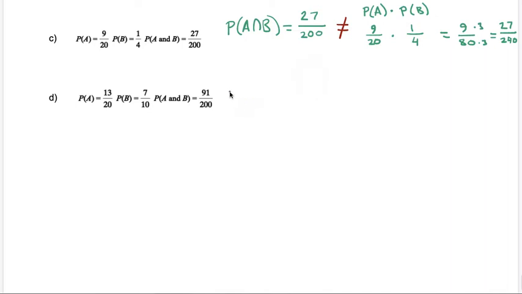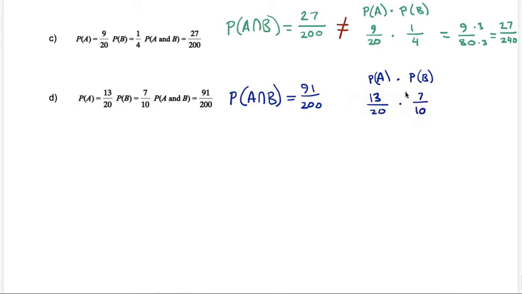Otherwise, they're not. Okay. So in a second example, the probability of A and B is 91/200ths, and we've got the probability of A and the probability of B here. So we're looking at 13/20ths times 7/10ths. 13 times 7 is 91, and 20 times 10 is 200.